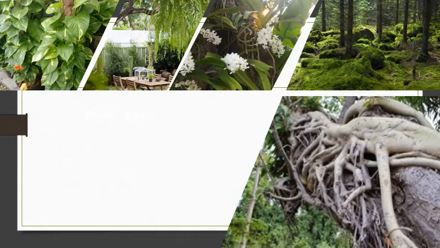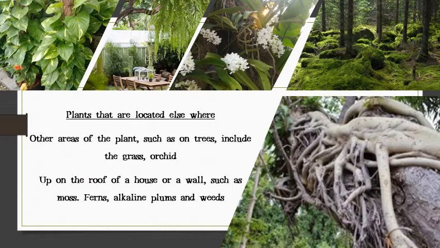There are also kinds of plants that grow on other areas of plants, such as on the trees. These plants are the orchids.